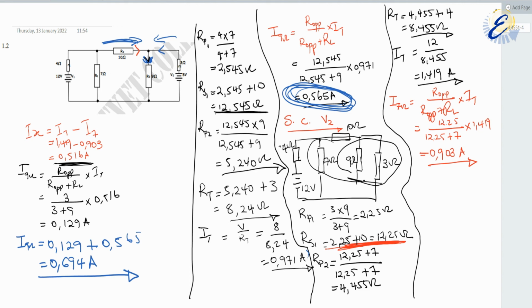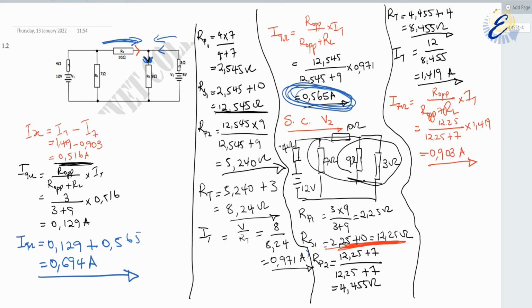And when you're done, you go back again, you short circuit V2, that means V1 will be supplying. You calculate your total resistance in that particular circuit, then the total current when V1 is supplying, and then you use a current divider rule to find the current that flows in that particular circuit.